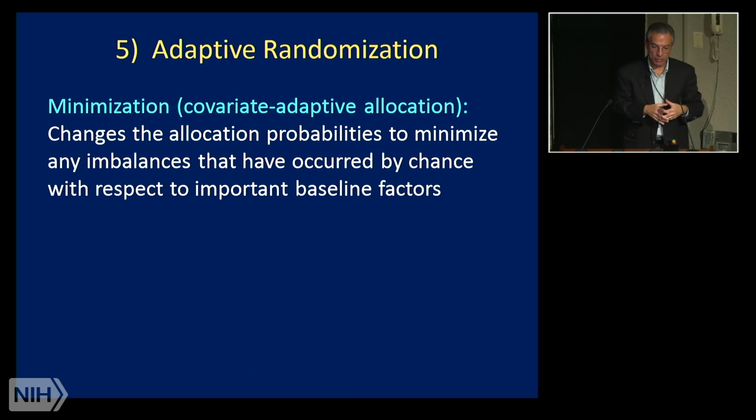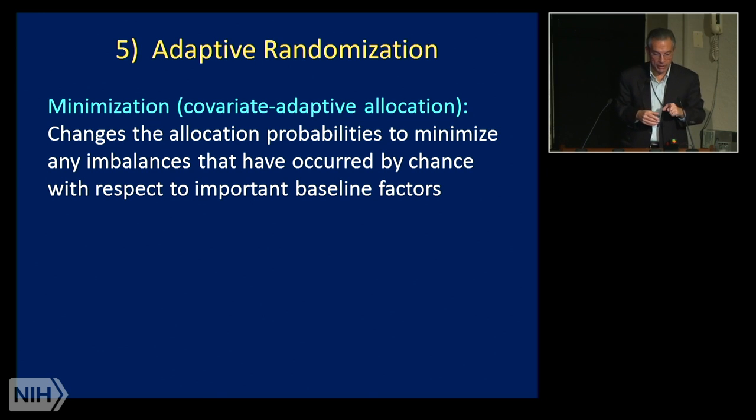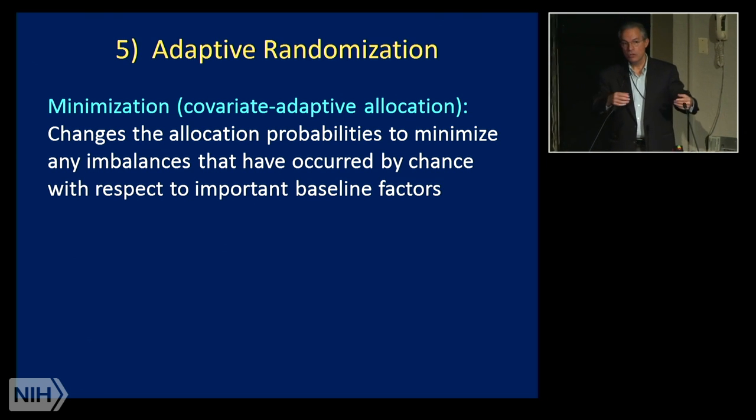So for example, in covariate adaptive allocation, you change the allocation probabilities to minimize any imbalances that have occurred by chance with respect to important baseline factors. Let's say we want to balance gender. You start assigning, it's not stratified, this is adaptive.